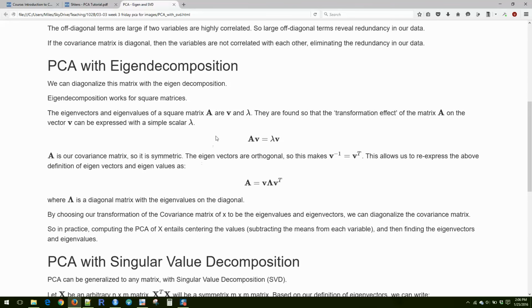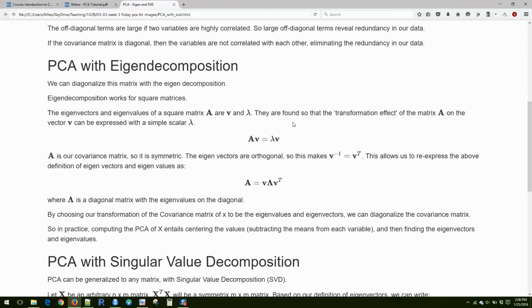Okay, and so with eigen decomposition, the idea is we've got a matrix A. In our case, our matrix A is our covariance matrix, which applies a transformation to a vector V, right? And when you find the eigenvectors and eigenvalues, that transformation of A upon V can just be re-expressed as a scalar multiplication operation.